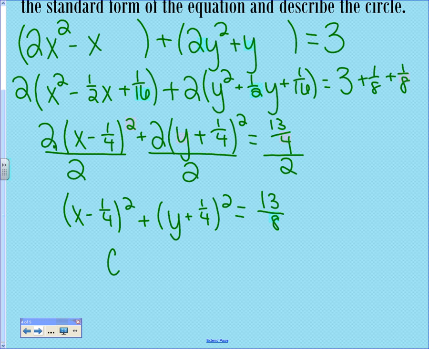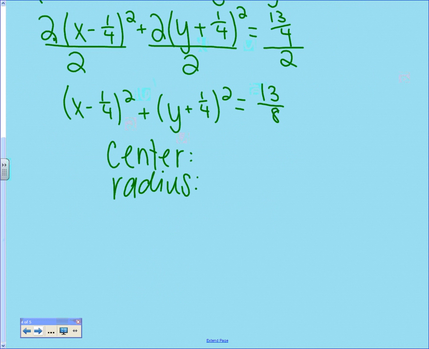Now we have to describe it. So we already talked about that we needed our center and our radius. So what is the center? 1/4, negative 1/4. Now what is our radius?